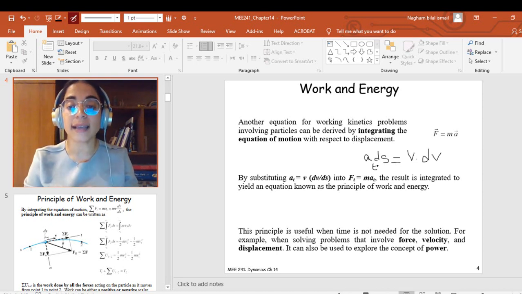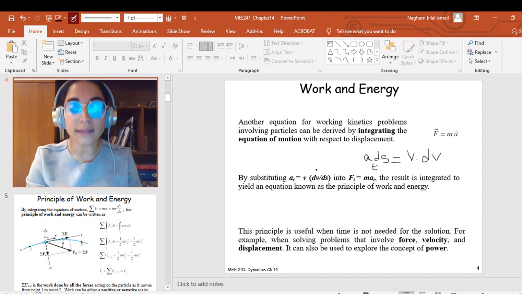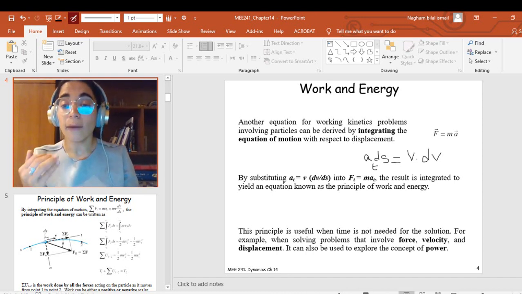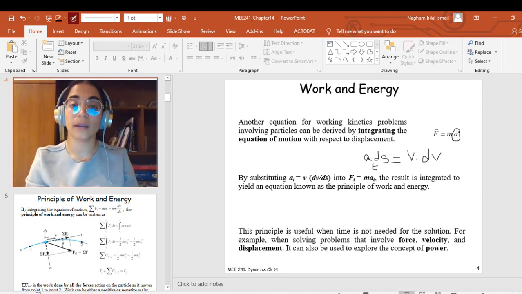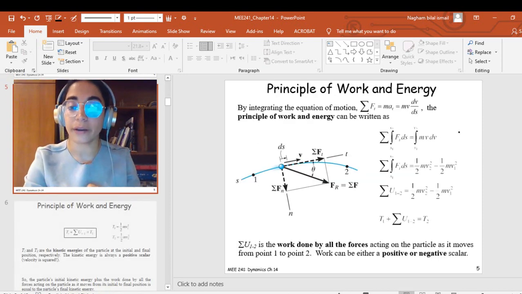So I know that at ds is equal to v dv, and this means, guys, that at is equal to v dv over ds. What I'm gonna do now is to replace this a in rectilinear motion by v dv over ds, or this at in curvilinear motion by v dv over ds, to generate the principle of work.